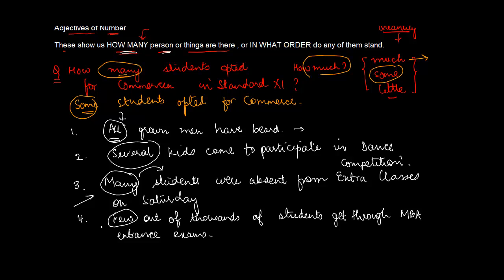Again, the word few here is an adjective of number. It's telling about the students who qualify through MBA entrance exams, and it's telling how many. So all these kinds of adjectives which describe the noun and answer the question how many are known as adjectives of number.